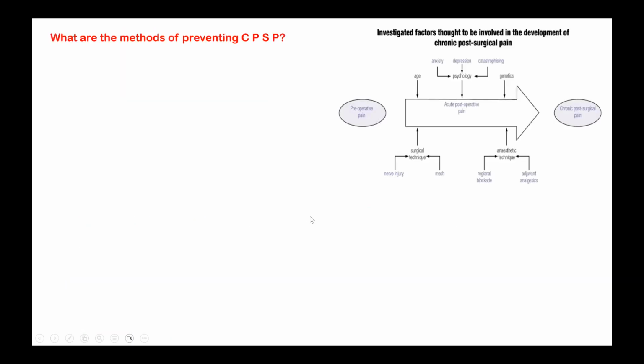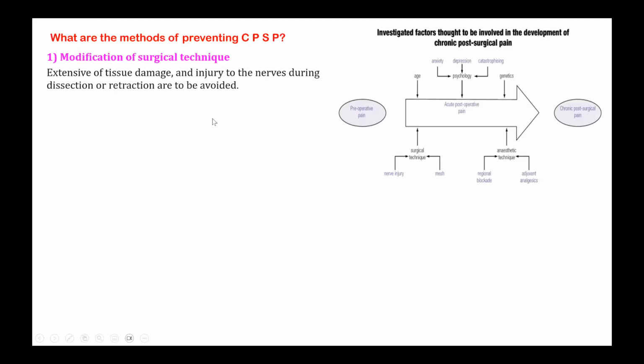And what are the methods of preventing CPSP? It's the modification of surgical technique. So minimize the tissue damage, minimize the dissection, minimize the retraction, etc. Minimally invasive surgery and less extensive surgery.